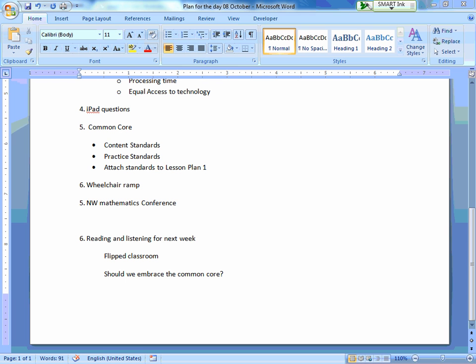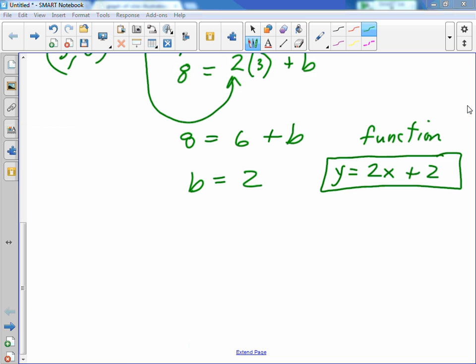Generally when you're graphing, you use the y. But when we're just talking about functions, I want you to start to get used to function notation, which looks like this.